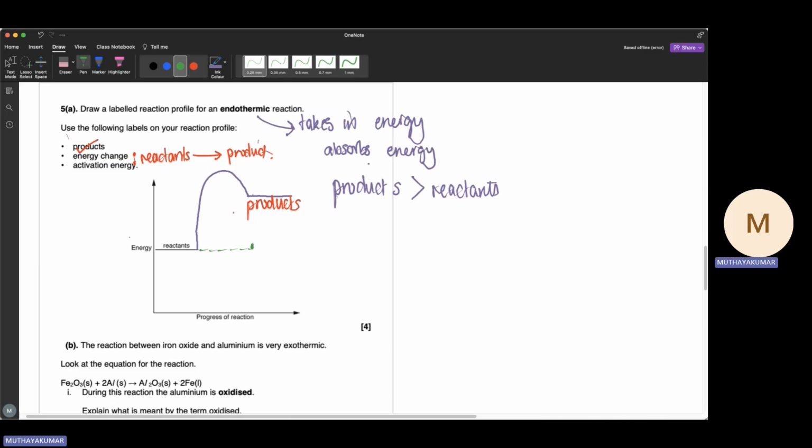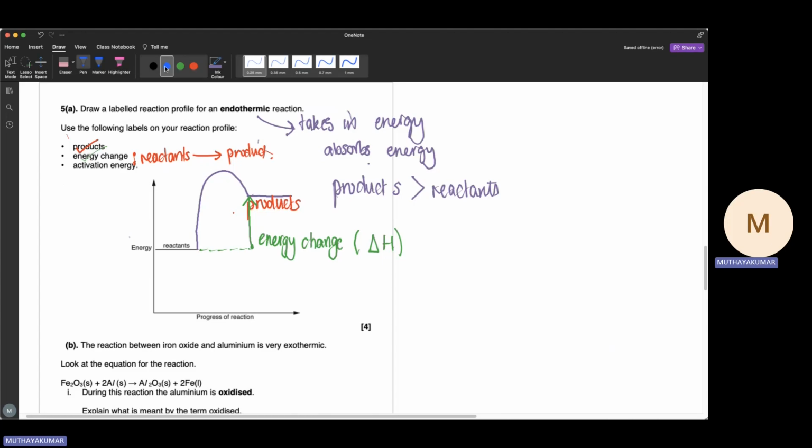That dotted line was just so I know I'm starting in line with my reactants, and I'm going to point directly up to my products. And we want to label that energy change. Sometimes we can use a symbol as well, delta H. This triangle means change in. So that's my energy change label done, tick.